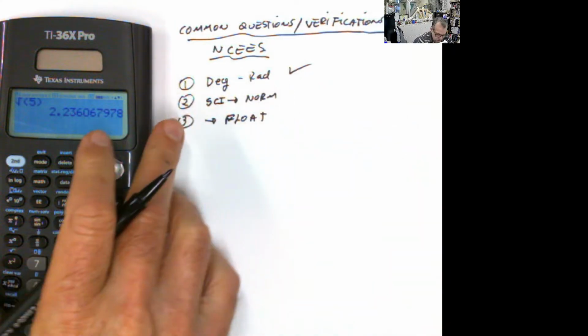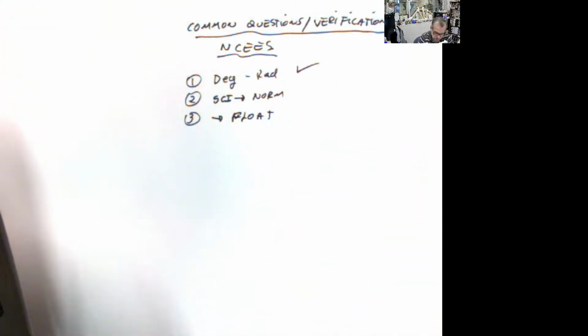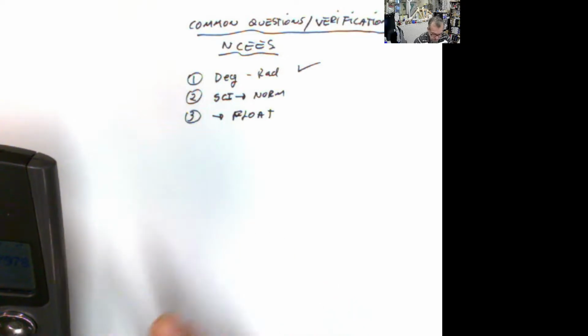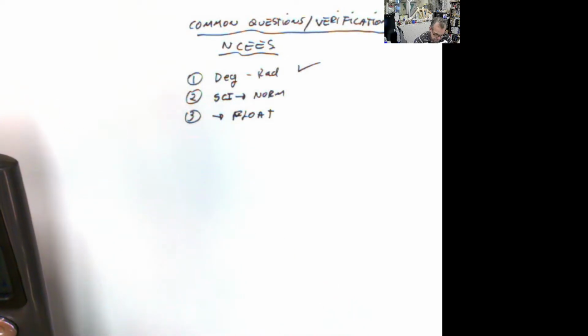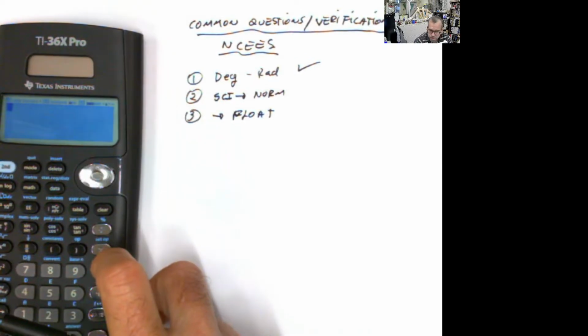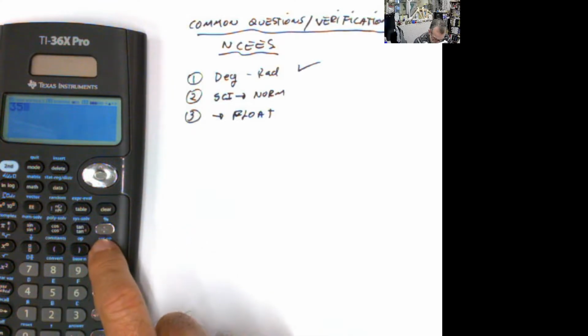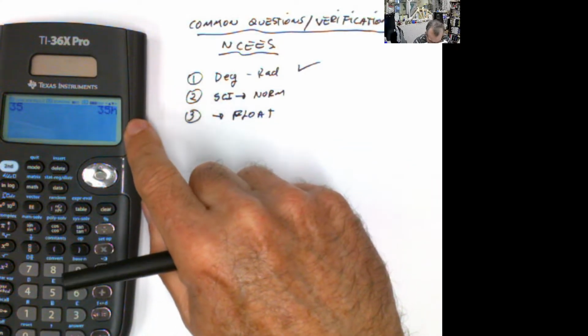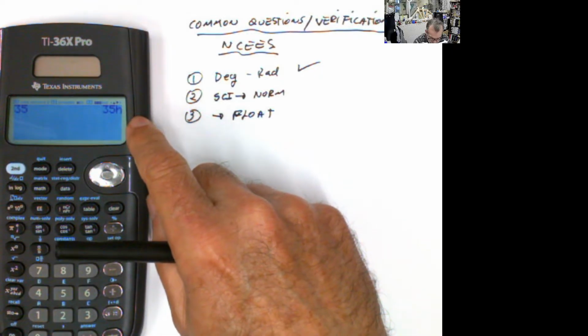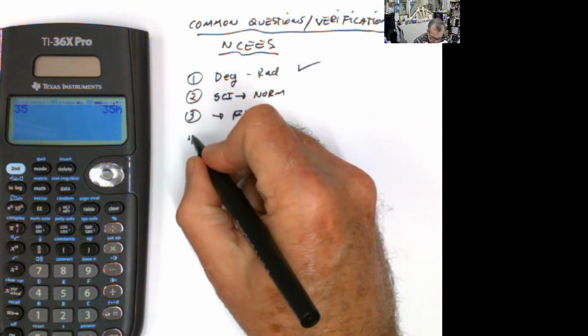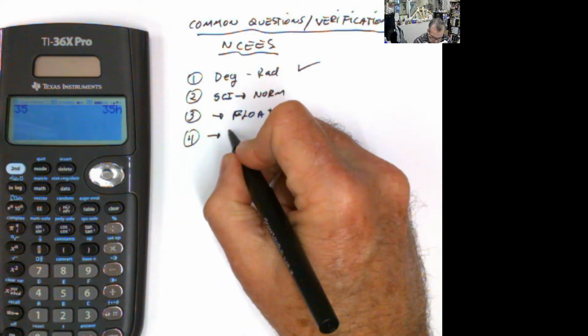Another thing that I have seen, especially when electrical engineers use the calculator before you, is that you start working with the calculator, and you get 35H instead of 35. That happens because the calculator is in hexadecimal instead of decimal.